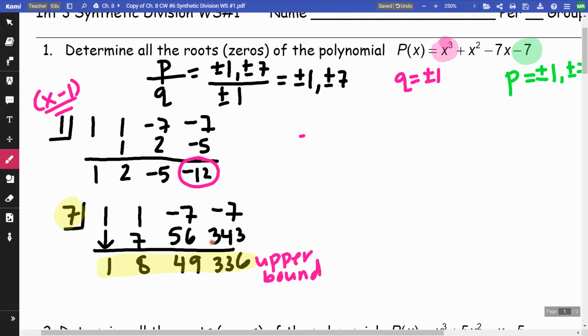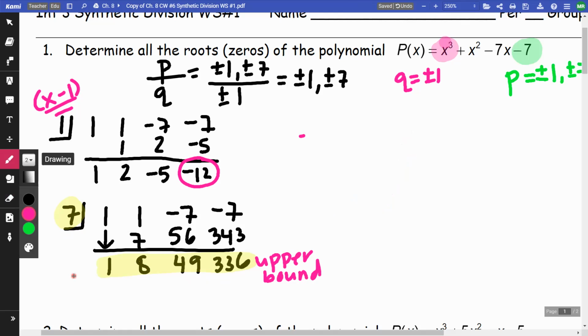This is a degree 3 polynomial, so it's going to be going down forever on the left side and up forever on the right side. I'm at the up forever right here. It's not going to come back down. That's what this is telling me. It's going to just keep getting bigger and bigger as I try other positive numbers higher than 7.